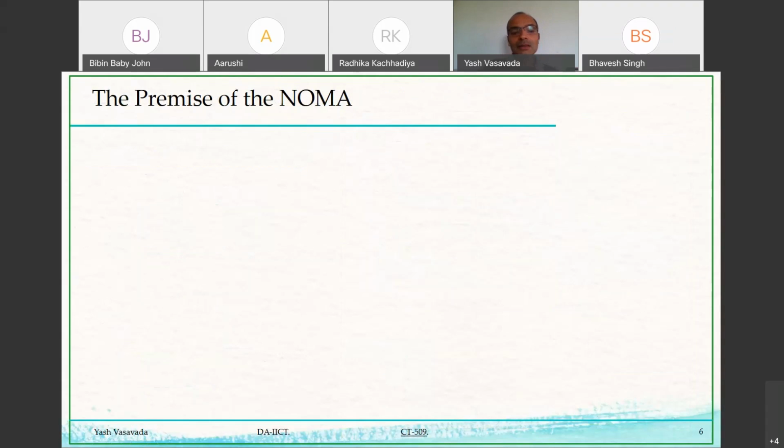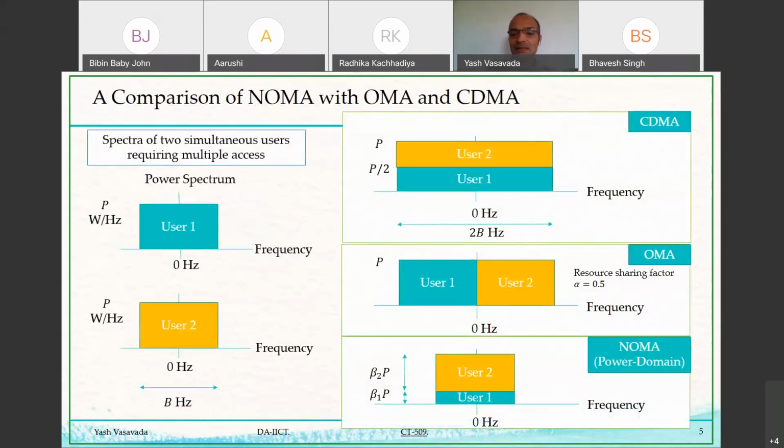So what is the magic? How come NOMA does something which the OMA and CDMA techniques said is not doable? Obviously, you can see that this is the best way to do multiple access because you are using a smaller chunk of bandwidth.